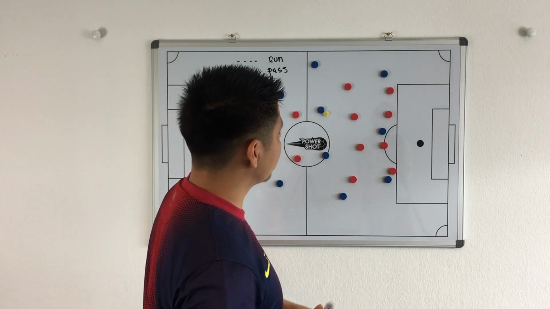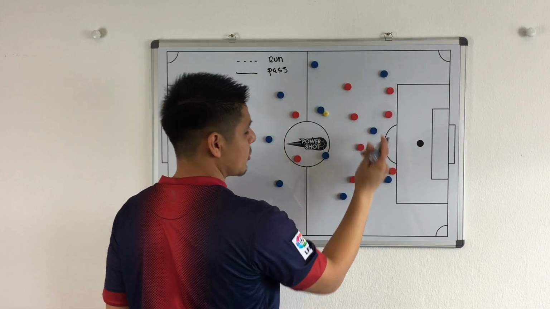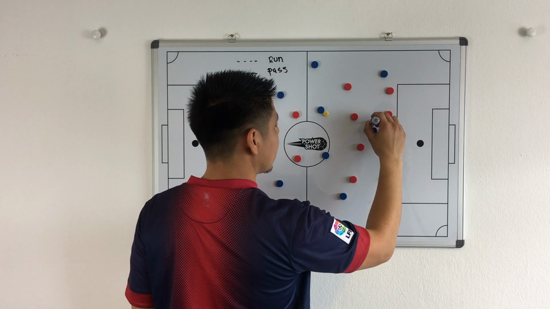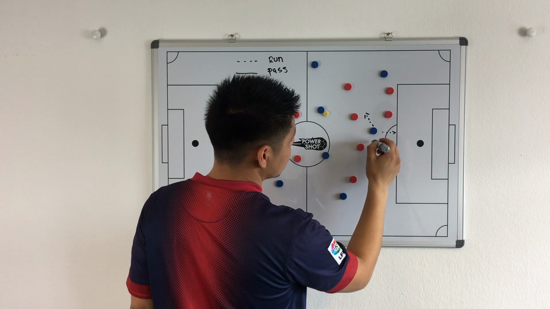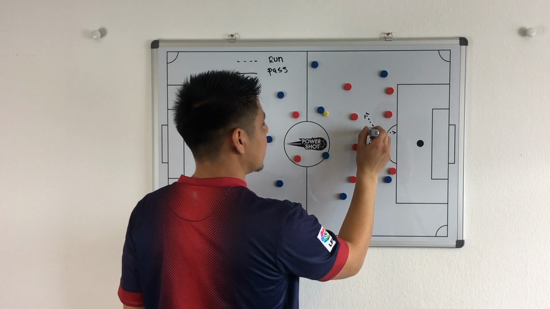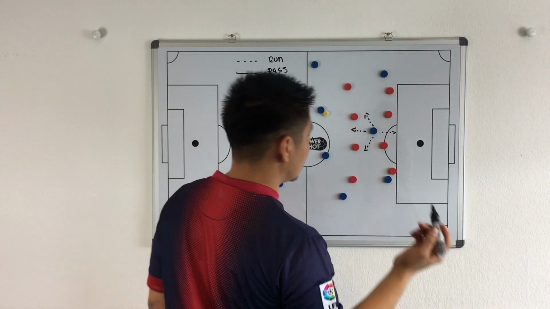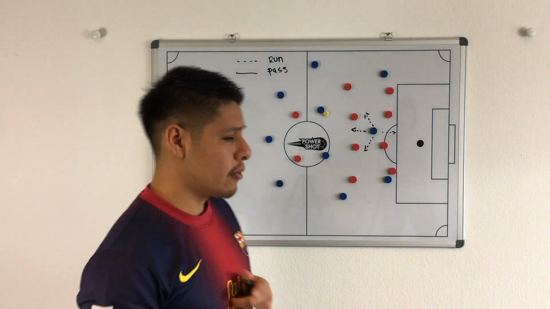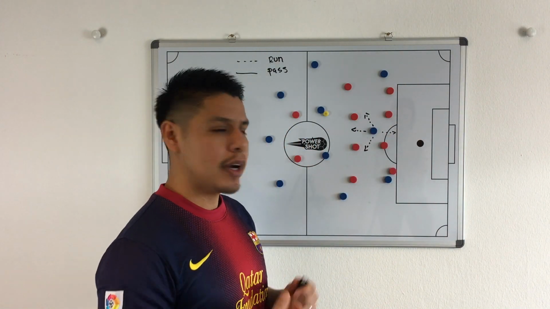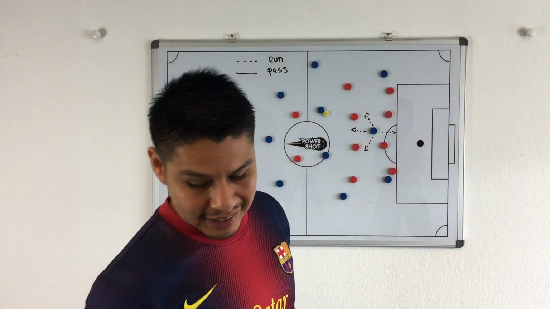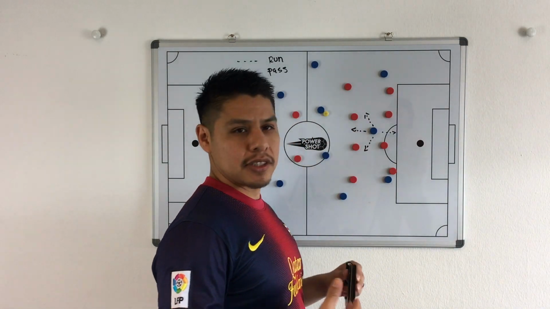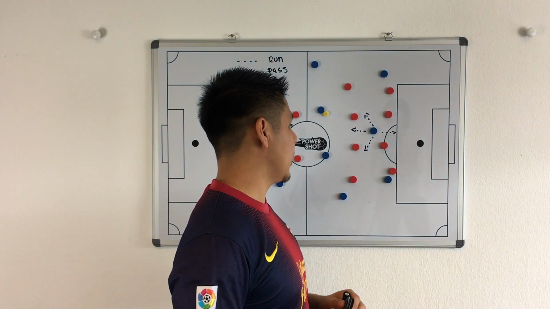Now, general movements that this false nine can take are runs to the back, runs angled to the sides, and essentially a run back. Okay, so those are your typical movements and locations that you would go as a player playing that position, just because these movements will essentially create space for other players.